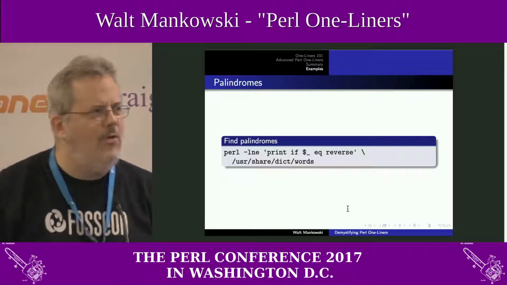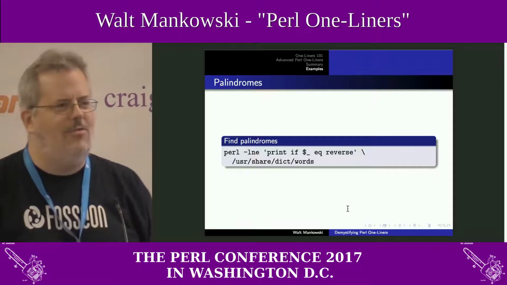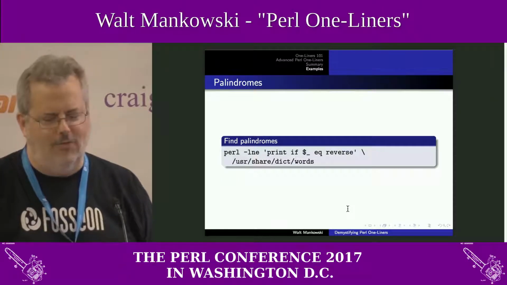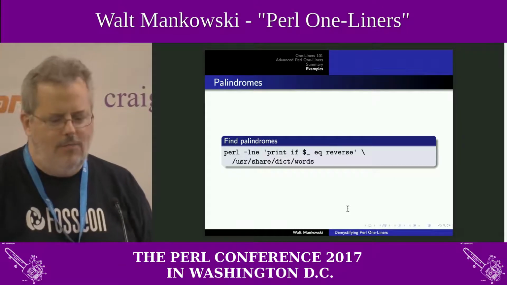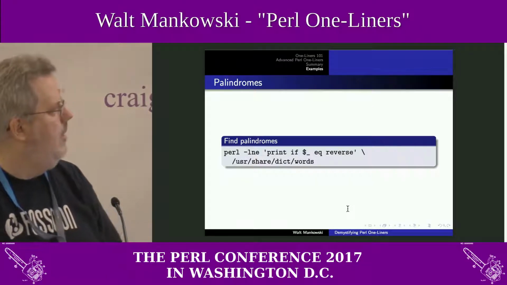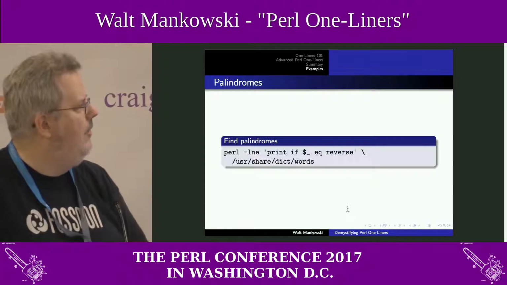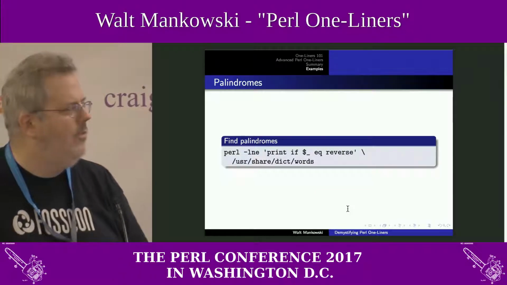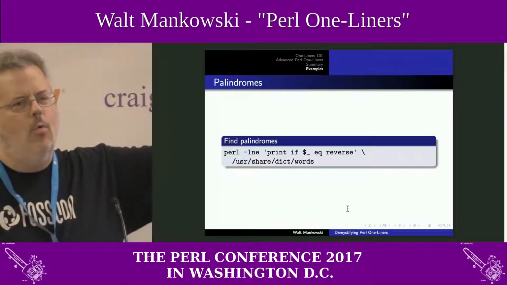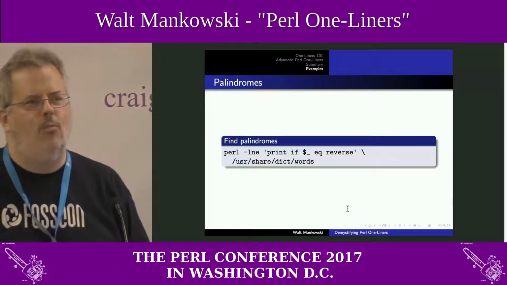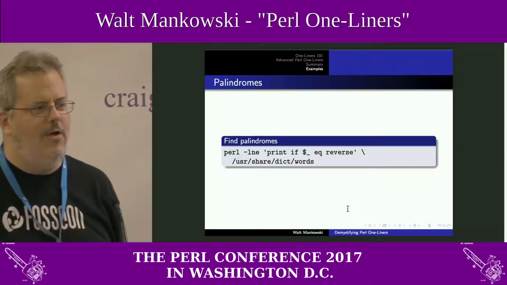I also use one-liners to do sort of just word puzzles, like this is an example to find palindromes. So if you install the right package in Debian or Ubuntu, you get this file called /usr/share/dict/words, which is just this very, very long word list from like Webster's Third New International Dictionary or something like that.